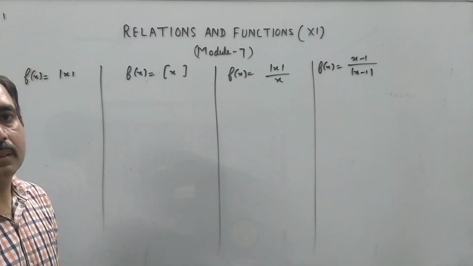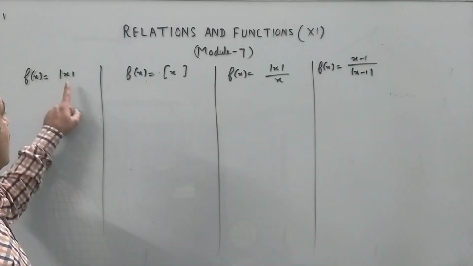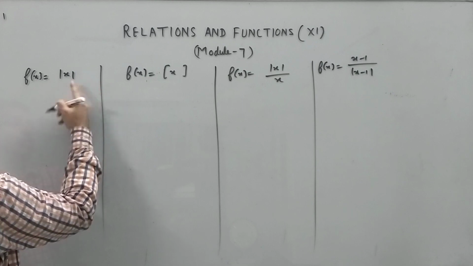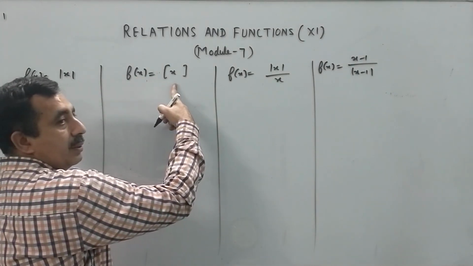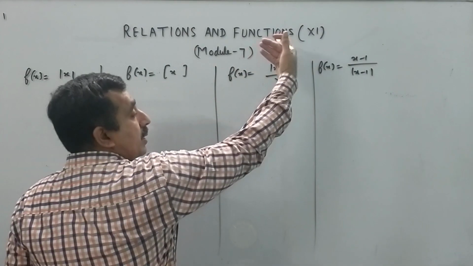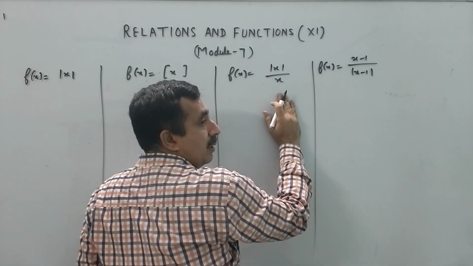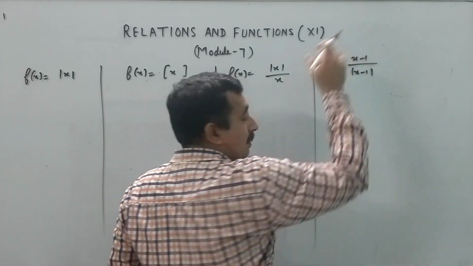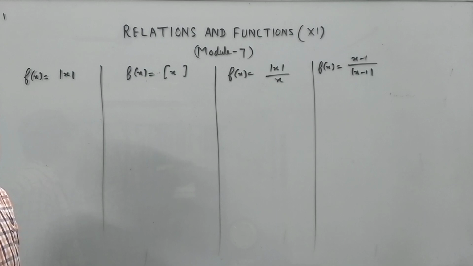See these questions. This is called the modulus function, absolute function, greatest integer function. Sometimes the modulus is in the numerator and x in the denominator, or the modulus is in the denominator and this number is in the numerator. And the question is to find out the domain.